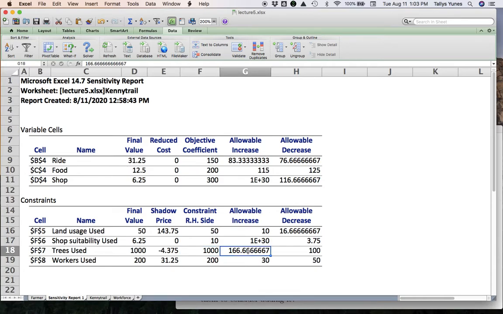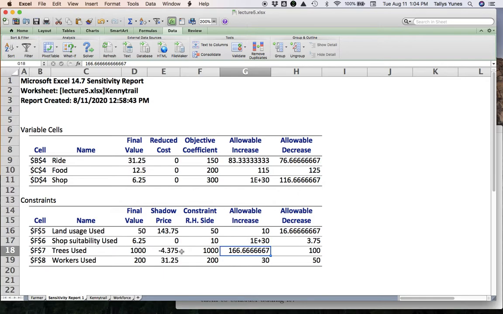What does that mean? Does that mean the solution remains the same? No, it's not like the top table, and this is a common confusion. In the bottom table, a change being within the allowables simply means that you can use the shadow price to assess the impact of that change to the value of the optimal solution.